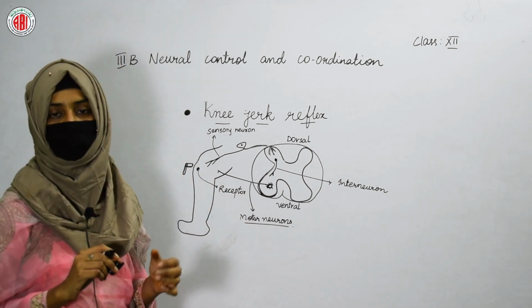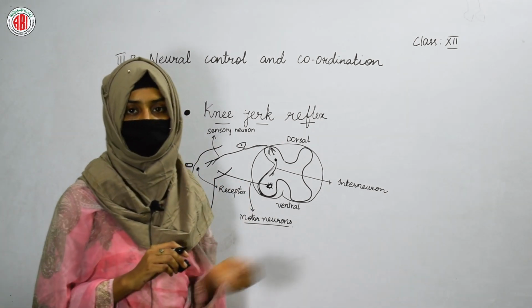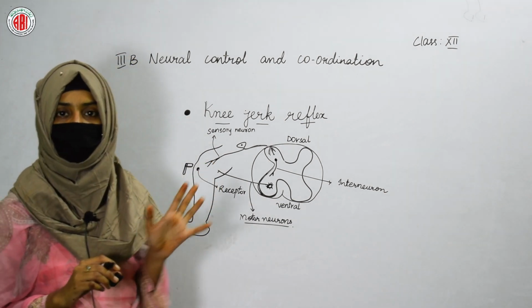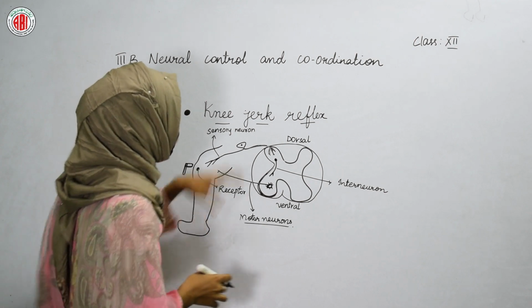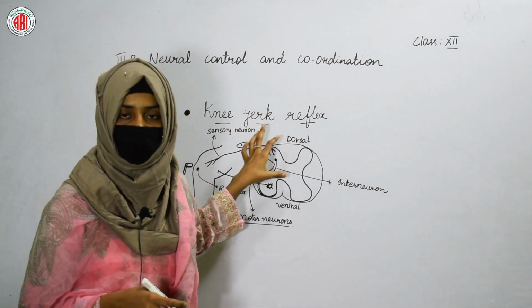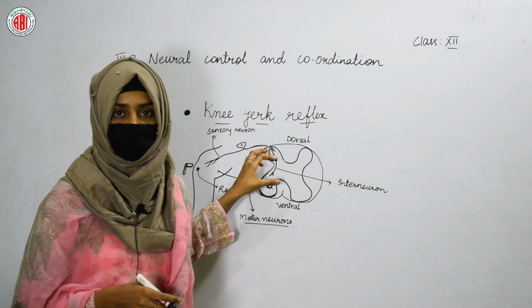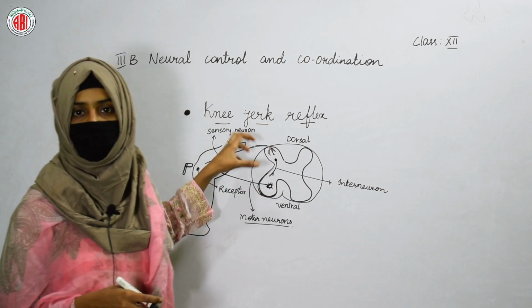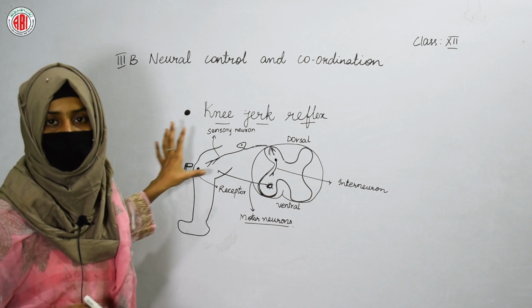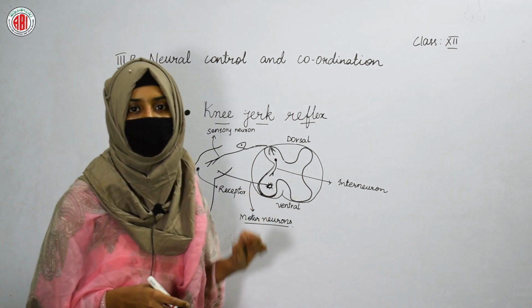We can take other examples also to show the reflex action. For example, if you touch any hot object, then the sensory neurons will move to the dorsal horn of the spinal cord. There the interneurons are also present. They will analyze the information then and there itself, and the motor neurons carry the command to the muscles in order to remove the hand from that hot object.